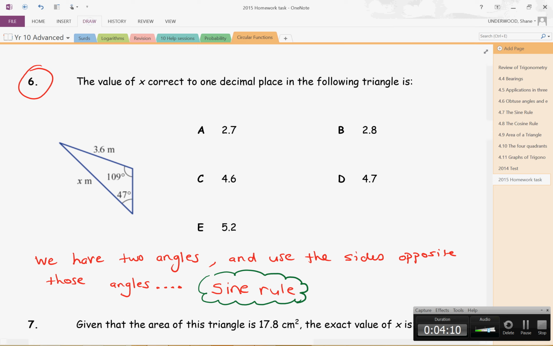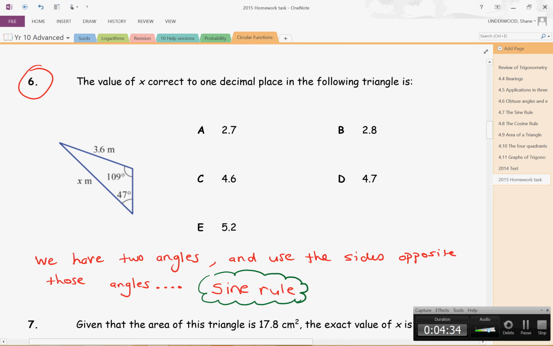So the hint is you need to know when to use the sine rule and the cosine rule. The cosine rule is when we have three side lengths or two side lengths and the angle between them. The sine rule, however, is when we have two sides and an angle or two angles and a side, and you need to know what's opposite.